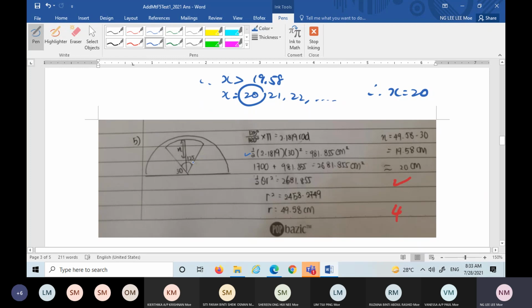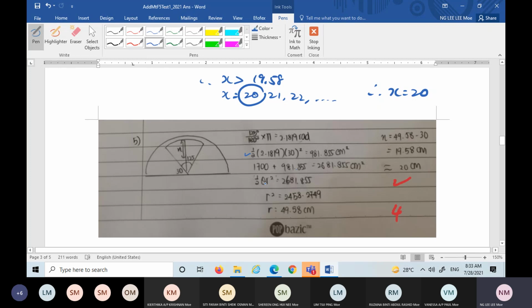Then because she knows that the question says the area the wiper cleans is 1,700 plus this small area, which gives you the whole big sector, she adds these two up. So she gets this 2,600 681.